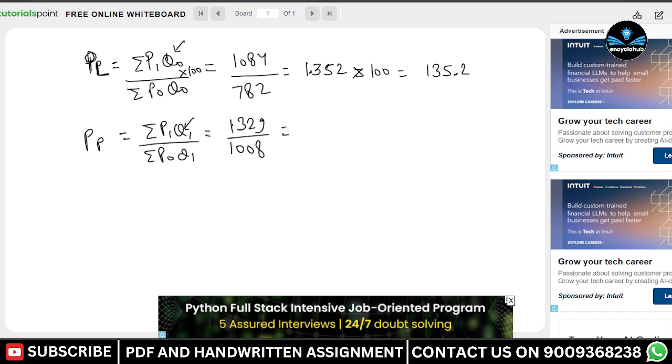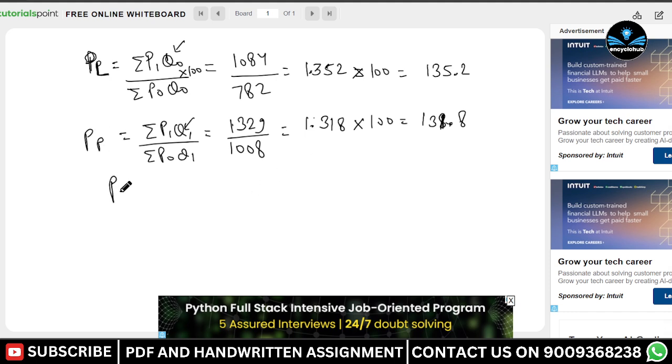So 1329 divided by 1008 is 1.318. Now we will multiply by 100. So our final value is 131.8. So this is the value for Paasche.